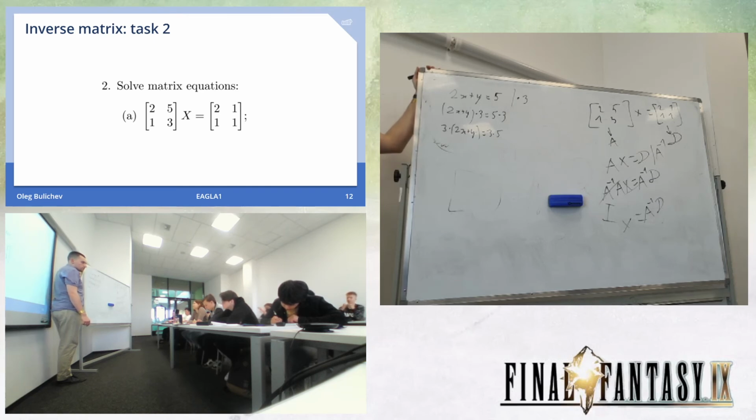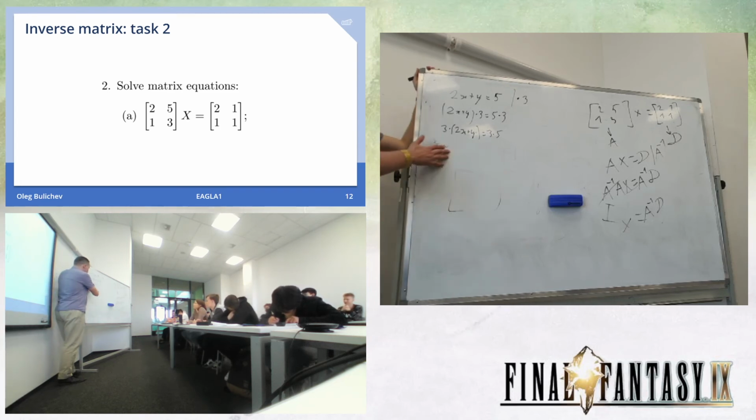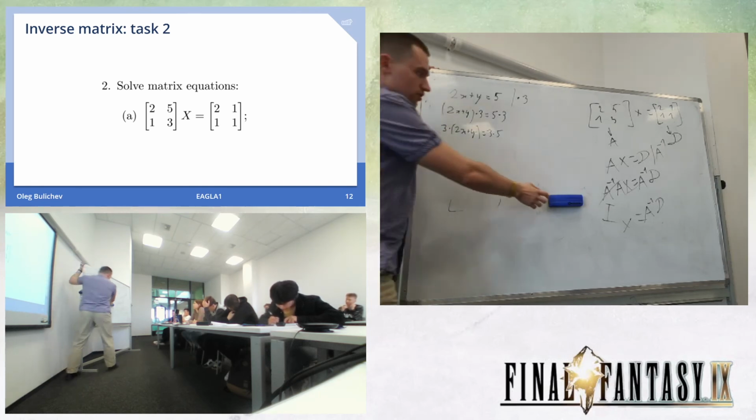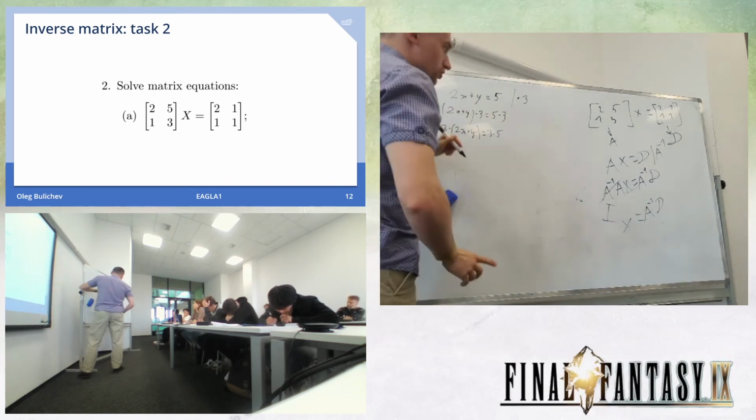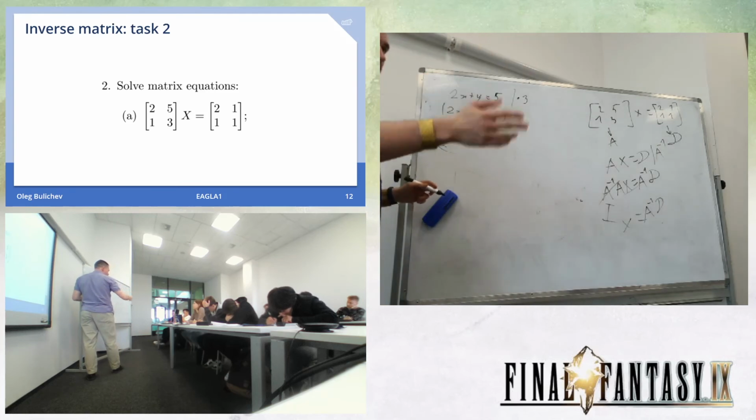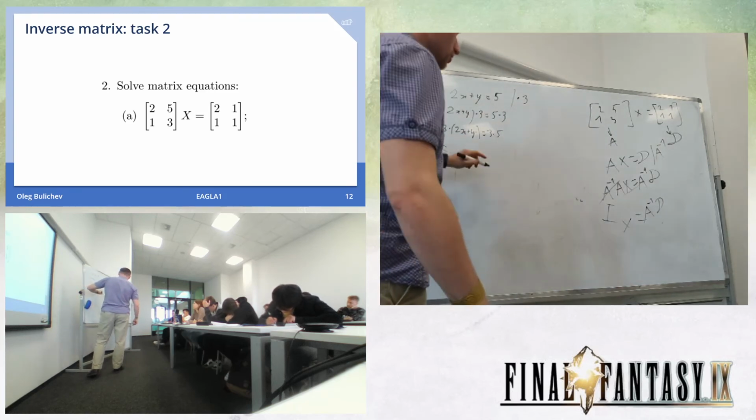Because they are numbers. So, in our case, order is important. In the classical scalar case, it doesn't matter where we put our numbers. In this case, it's important. So, because you said correctly, we need to put it on the left side.